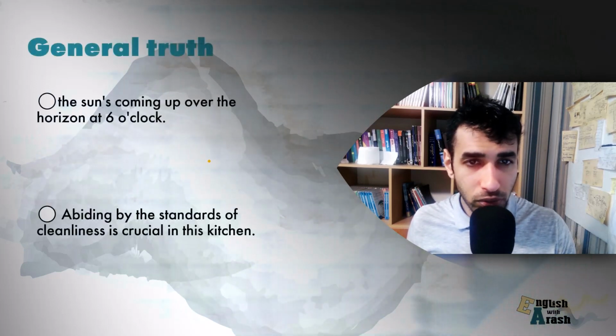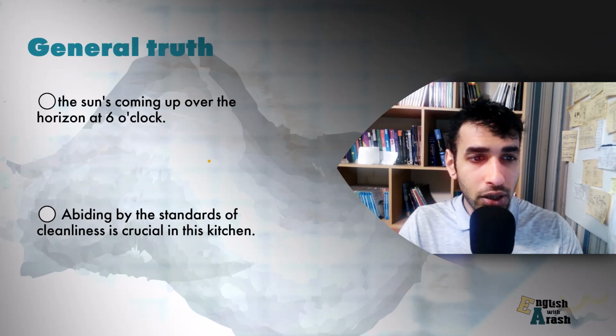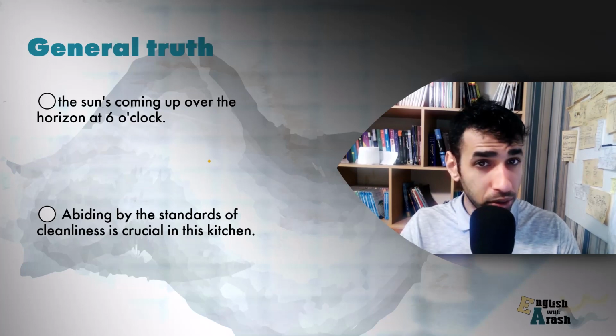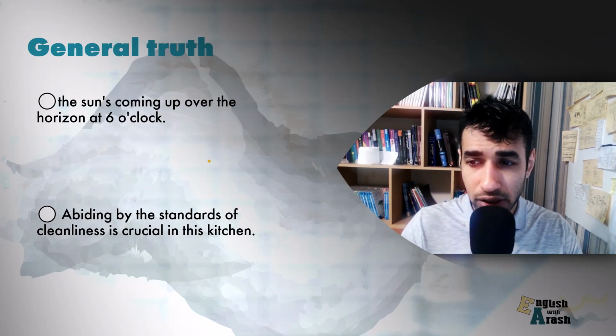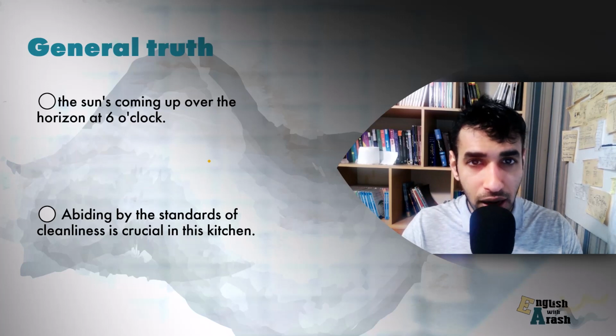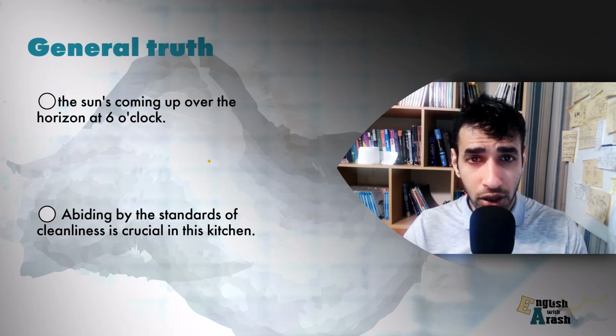More? Now, how should we report general truth? The sun comes over the horizon at 6 o'clock. Here is an exception to this rule. There is no tense change in general truth. For example, the earth is round. My friend told me the earth is round. The earth is round is a general rule, so you should not change the tense.